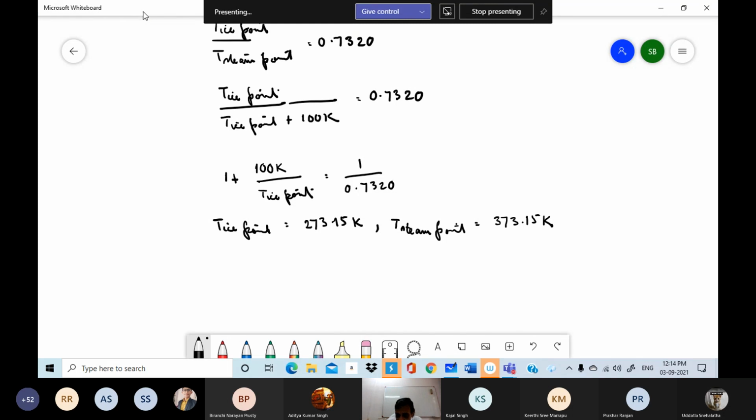So this Friday, I'll hold a test of duration 1 hour and 30 minutes. I've already told you which are the two chapters from which you have to work out the problems. These are the two chapters on the first law of thermodynamics and the first law applied to a control volume.